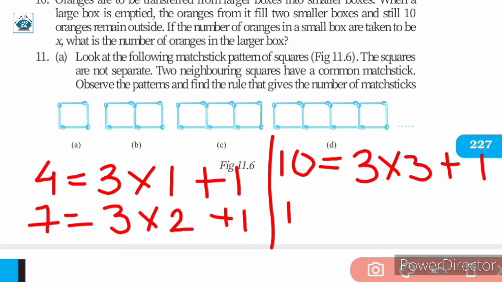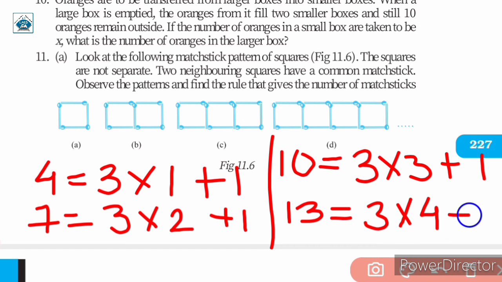And lastly, for 13, it can be expressed as 3 multiplied by 4 plus 1. So with this, we can get a rule. How? Because here multiplying by 3 and plus 1 is common. That is, in each case, we are multiplying the number with 3 and we are adding 1.